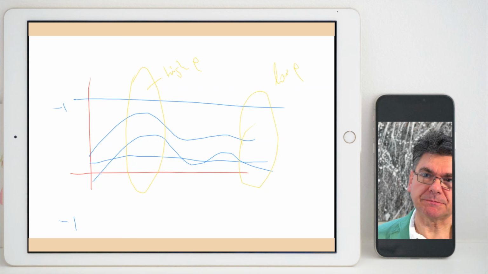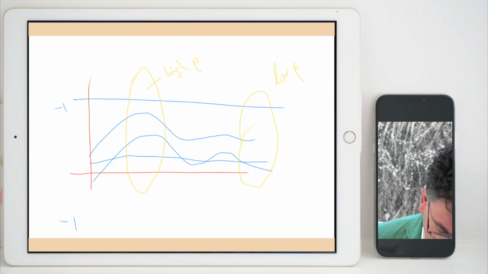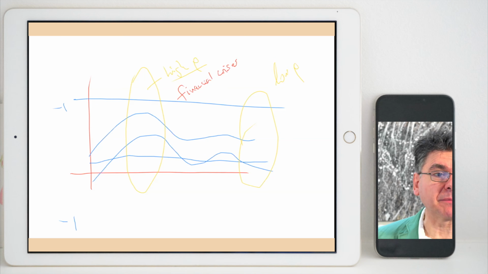This is important. In fact, it usually happens that the periods of high correlation correspond to periods of financial crisis. Not always, but sometimes.